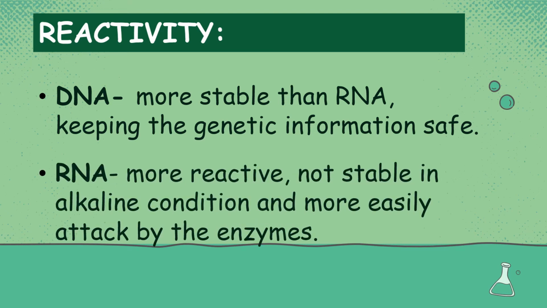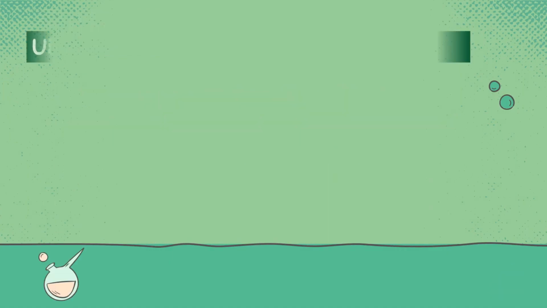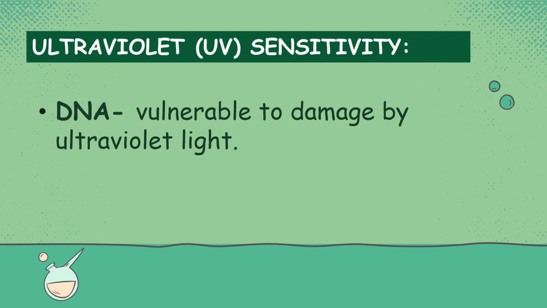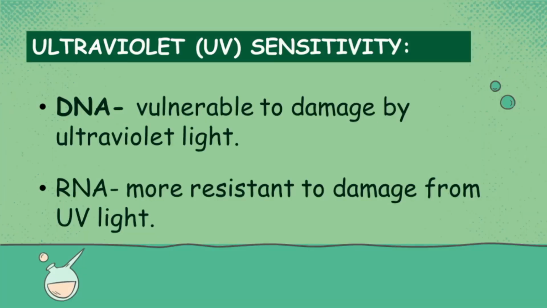RNA is more reactive, not stable in alkaline conditions, and more easily attacked by enzymes. And lastly, DNA is vulnerable to damage by ultraviolet light, while RNA is more resistant to damage from UV light.